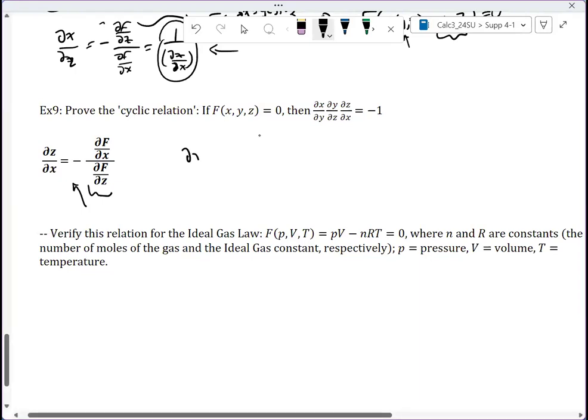So we see that partial x with respect to y. Here we're thinking of y and z as the independent variables and x is the dependent. Well, that's negative partial f with respect to y divided by partial f with respect to x.